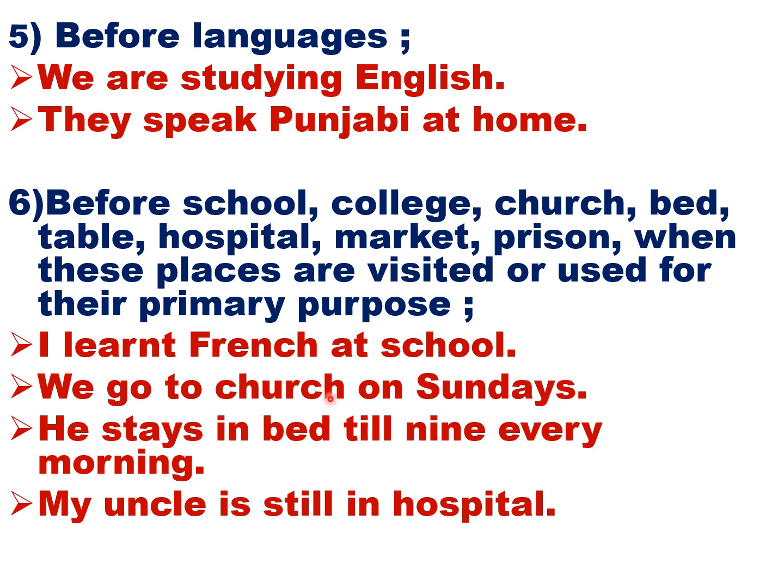We go to church on Sundays. It's a usual thing, so there is no need to use the article. He stays in bed till 9 every morning. My uncle is still in hospital. So there is no need to use the article in these sentences because these sentences specify primary purpose.